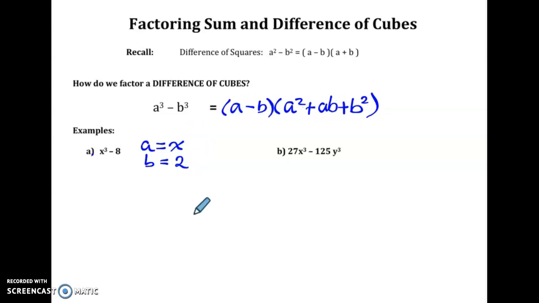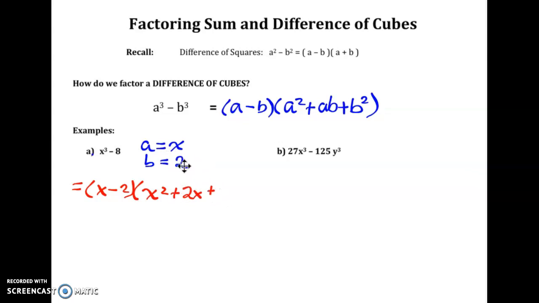You're just going to put those a's and those b's into the pattern that we already have up here. So remember, the pattern is a minus b, so in this case x minus 2. And then we have a squared, so x squared, plus a times b, so plus x times 2, so that is 2x, and then plus b squared.